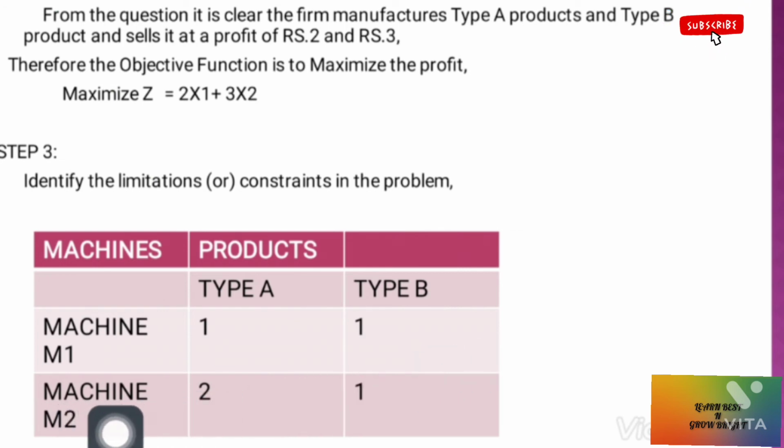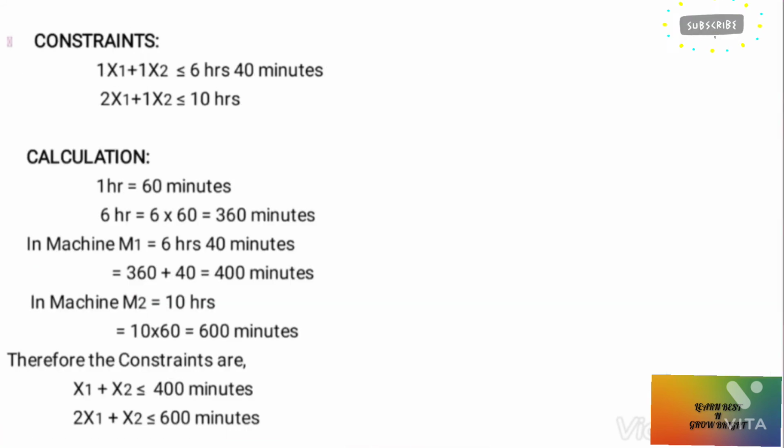In machine M2, to produce a type A product, the processing time is 2 minutes, and in machine M2, to produce a type B product, the processing time is 1 minute. From the question, it is very clear that in machine M1 to produce type A and type B products, the time is limited to 6 hours 40 minutes, and in machine M2 to produce type A and type B products, the maximum time is limited to 10 hours.